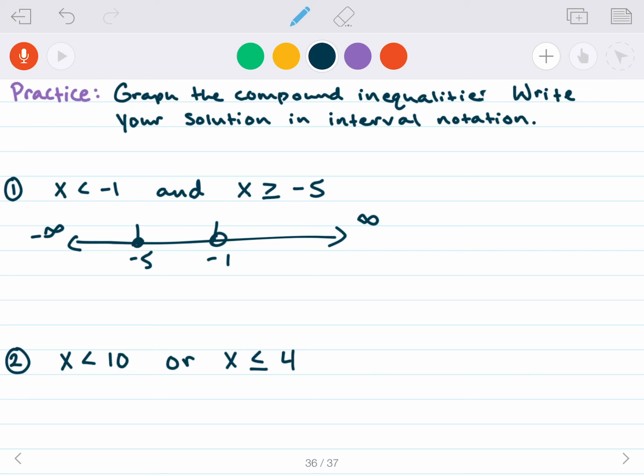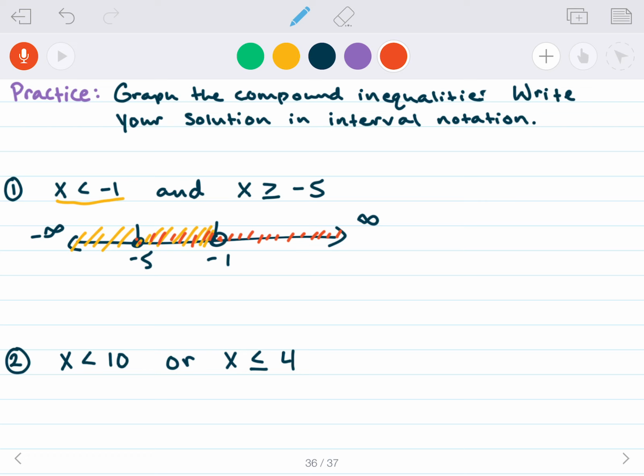I have a closed dot at negative 5, right? Now I'll do my shading. So for x is less than 1, I'll shade everything to the left of 1. For x is greater than or equal to negative 5, I'll shade everything, including negative 5, to the right of negative 5, including this open spot right there.